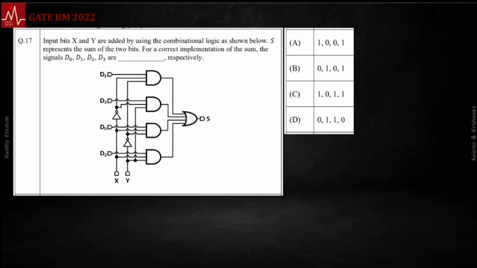If you can do those two operations, sum and carry, you can do binary addition.